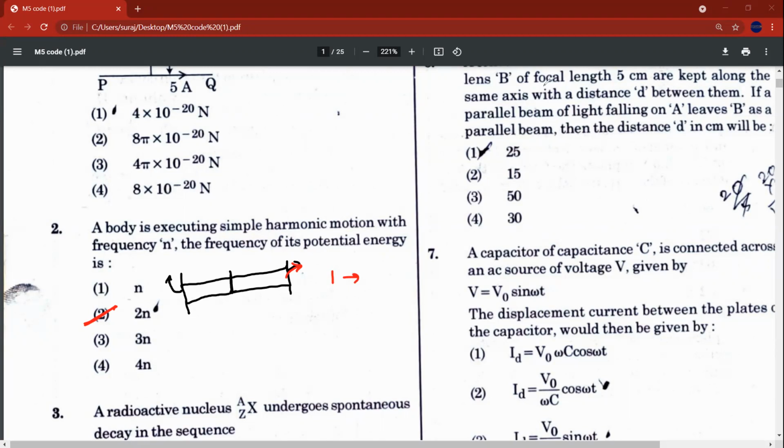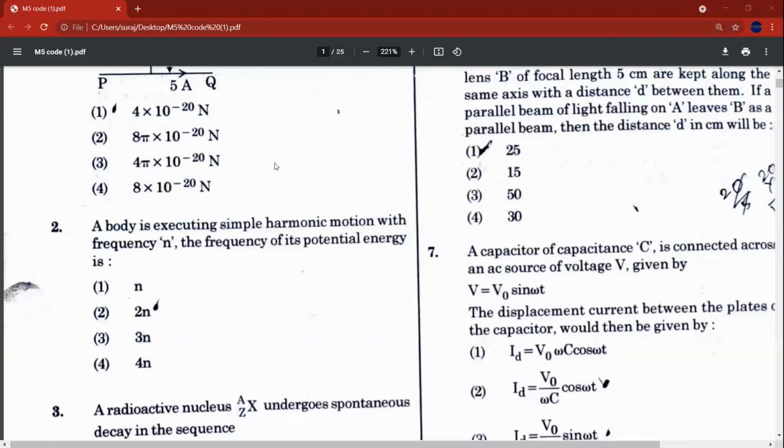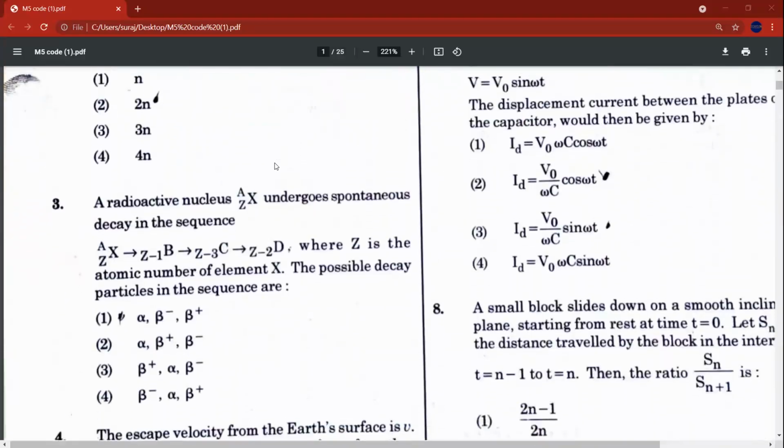Okay. Now coming to question number 3. A radioactive nucleus undergoes spontaneous decay in the given sequence. I need to find out which decay it performed, right? It's an easy question. First 2, 3, this is also an easy question. So here what is given? X is given, Z, and Z is -1. Z is -1 means what? There should be beta plus 1, positive beta.